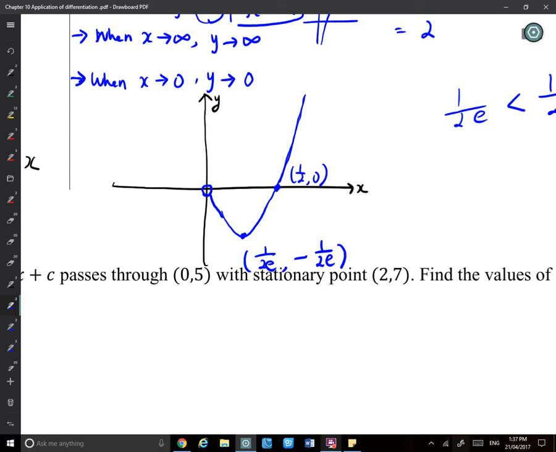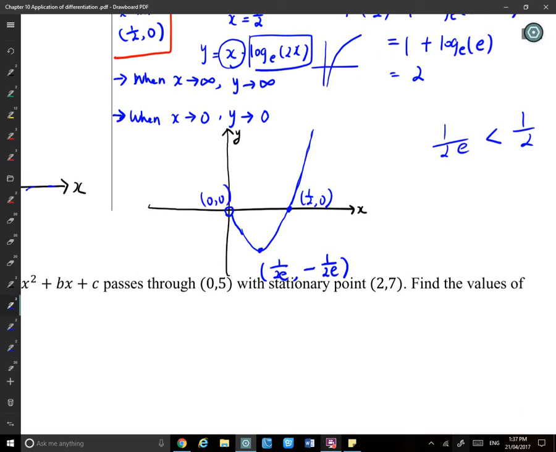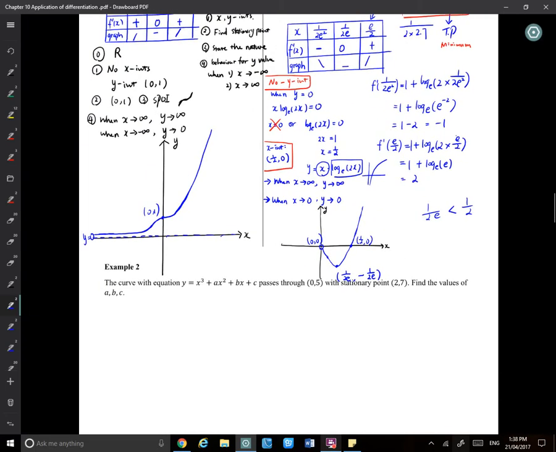So the only thing I can't have is this point here. So you need to label 0, 0 as well for this point.